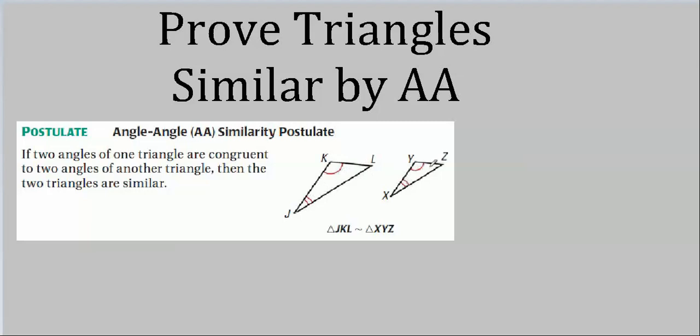So this here is 180 minus (A plus B). That's always true. So if you know two angles in a triangle, I think we pointed this out before, you automatically know the third one. So if two angles are congruent, the third one is also congruent. And when all three are congruent, then we have similar triangles.